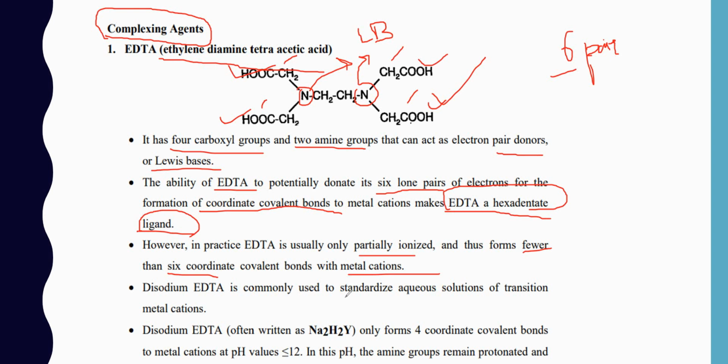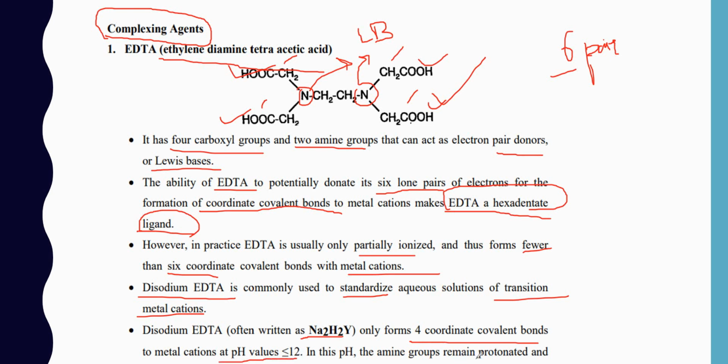Disodium EDTA, that is the sodium salt of EDTA, is commonly used to standardize aqueous solutions of transition metal cations. So it is used as a primary standard. Disodium EDTA, often written as Na2H2Y, only forms 4 coordinate covalent bonds to metal cations at pH values less than or equal to 12.